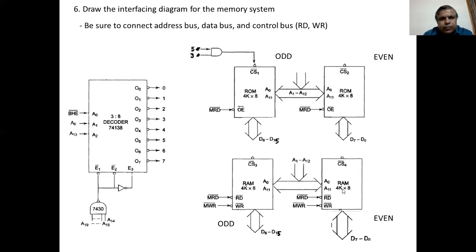Now, if you refer to the memory selection table, if the select inputs A0, A1, A2 are 0, 0, 0, then the first output pin becomes low.